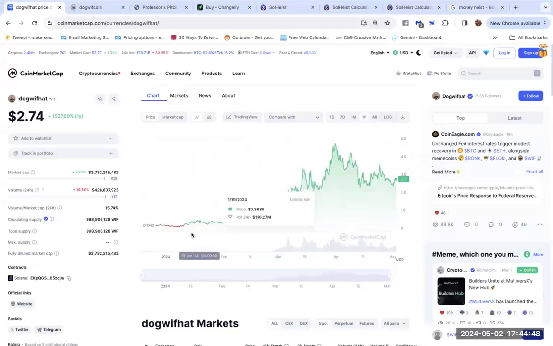I spanned it out. If you got started December 27, 2023, 6 months ago, if you got in at 14 cents, and it got up to $2.74, you would have gotten a 1,528% increase on your money. You guys get that?